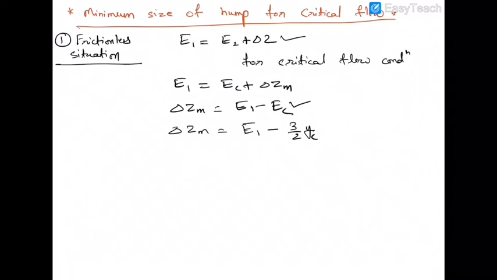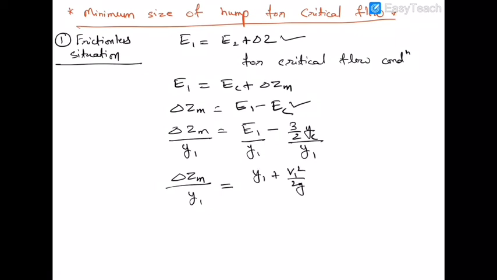Divide by y1 on both sides. Delta Zm divided by y1 is equal to, what is E1? That is y1 plus v1 square upon 2g, whole divided by y1, minus 3/2 Yc.